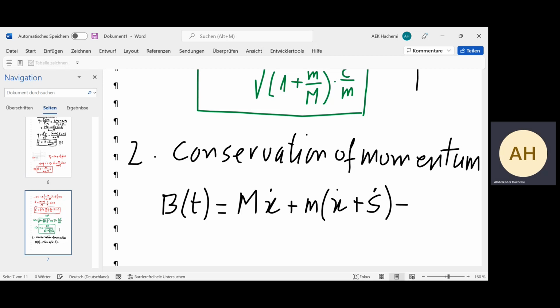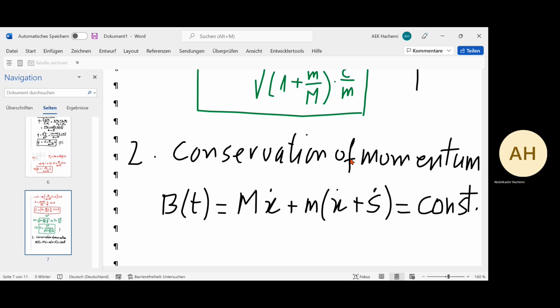And this must be constant. For this, we say the conservation of momentum. That means there is no change in the momentum during the motion.